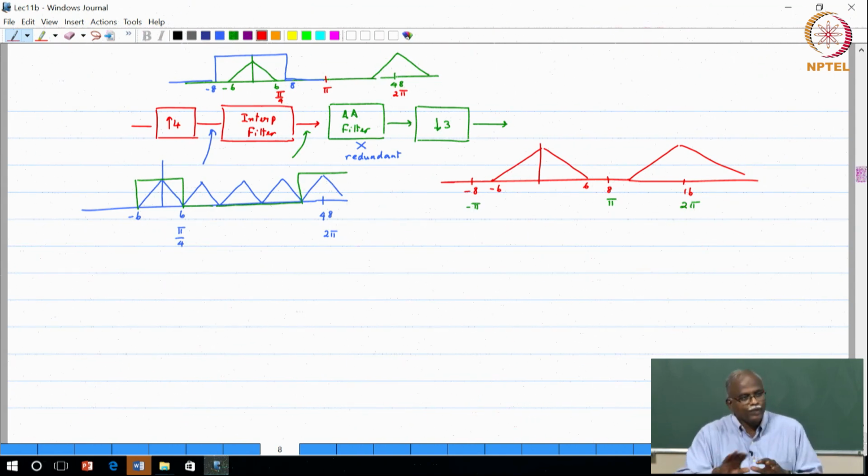Likewise, downsampling is more straightforward because you just retain some samples, but we always associate an anti-aliasing filter if you want to make sure that you do not run into the distortions caused by the aliasing. So, this is a very useful, hopefully interesting example and exercise.